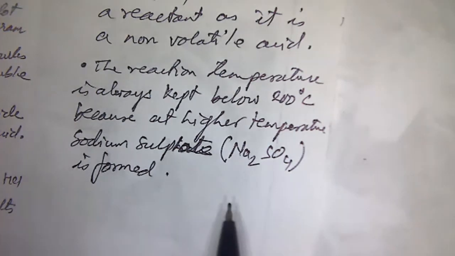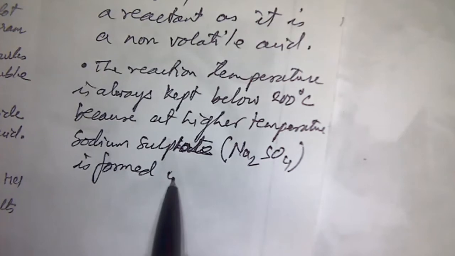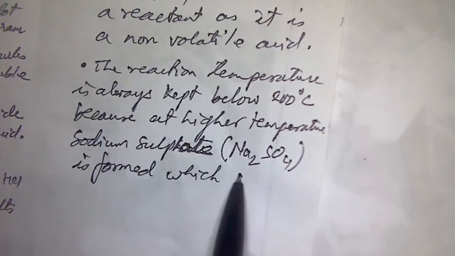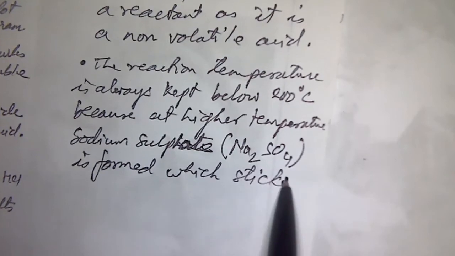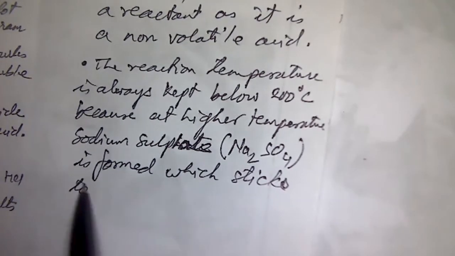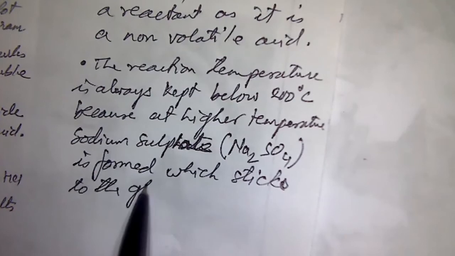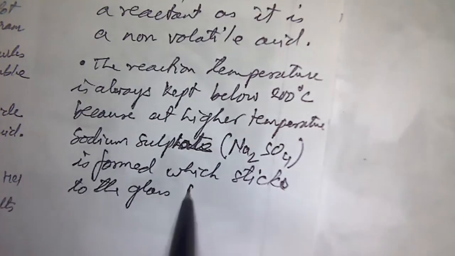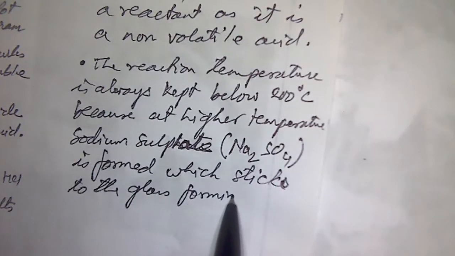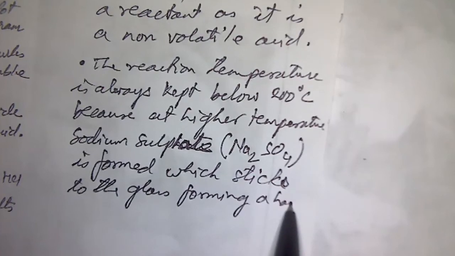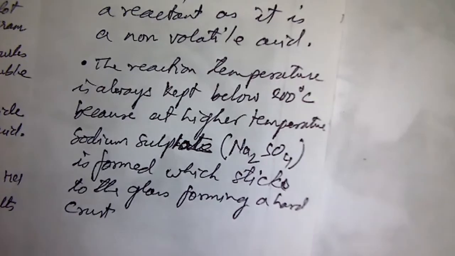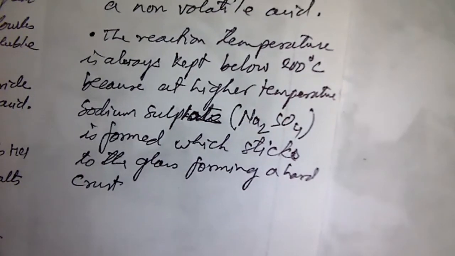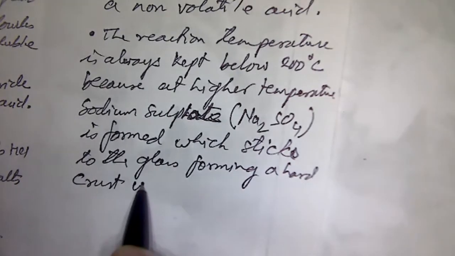Okay, so sodium sulfate is formed, which sticks, or you can say fuses, to the glass, forming a hard crust. It sticks to the glass, it forms a hard crust. Clear? Which is difficult to remove.